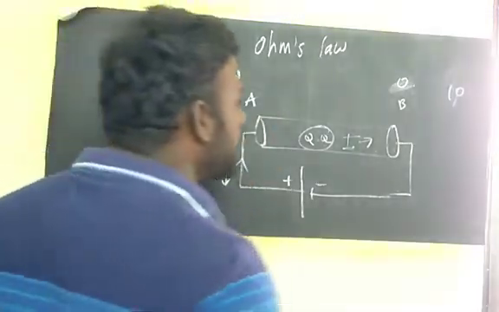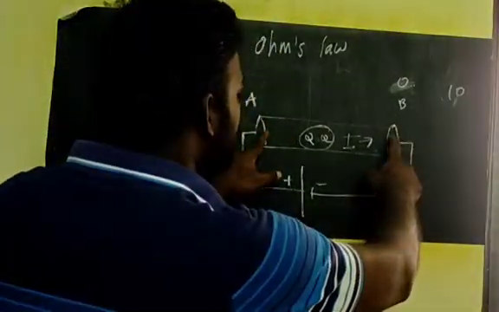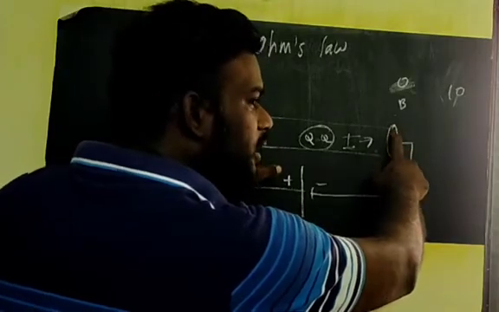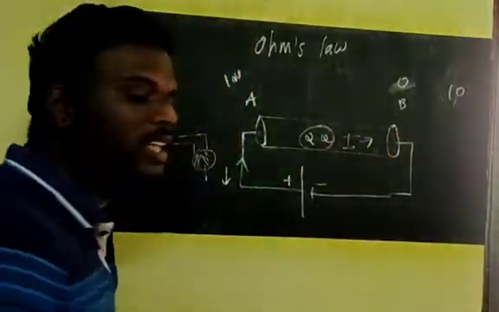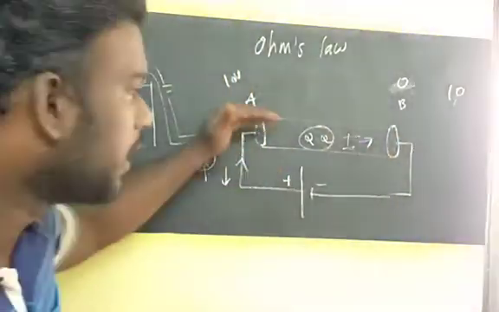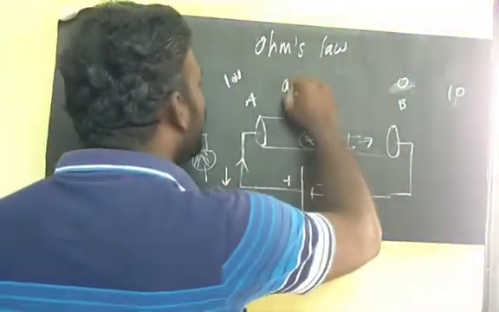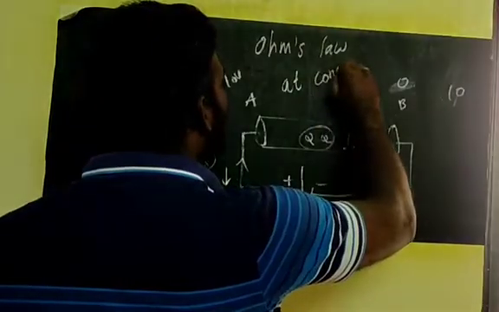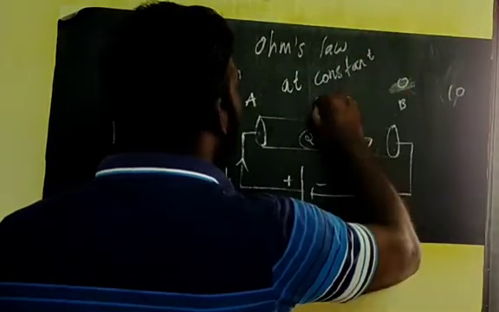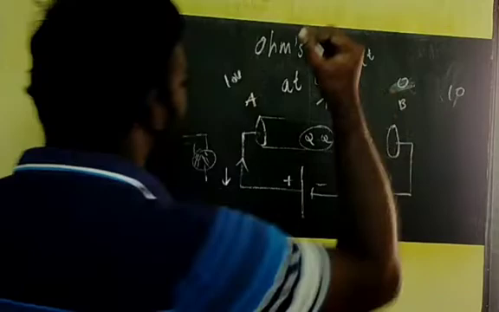So according to Ohm's law, if we increase the potential difference across the two ends of the conductor, the current in the conductor also will increase. And we use this law only at constant temperature.